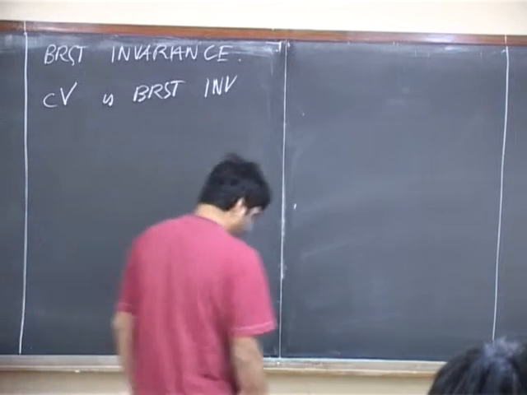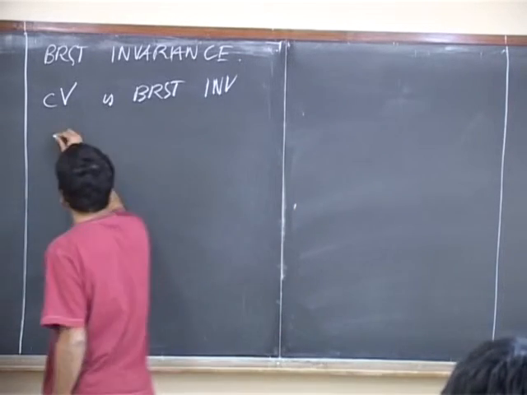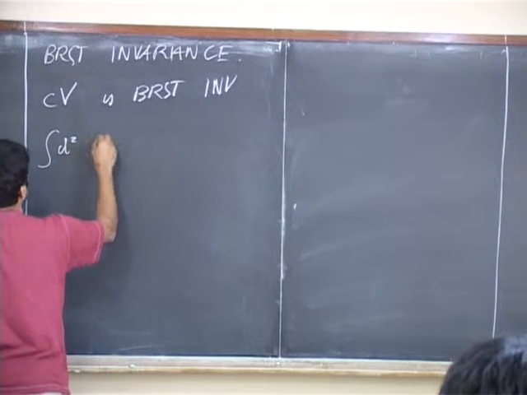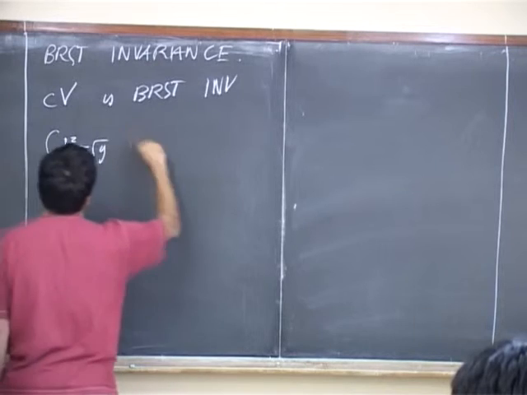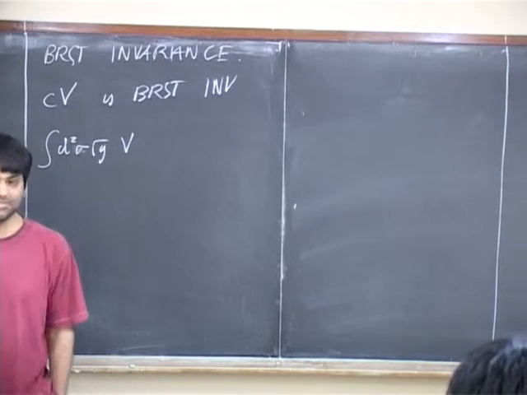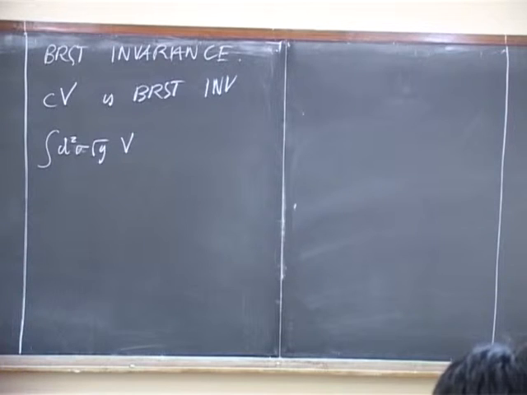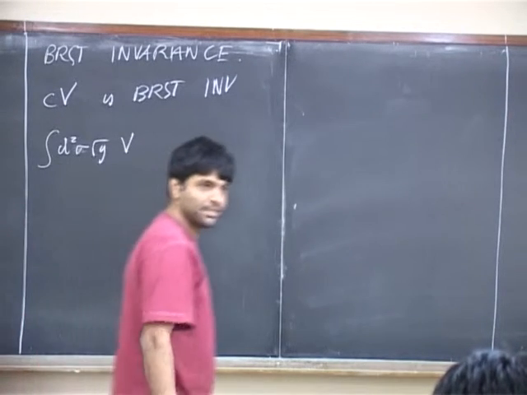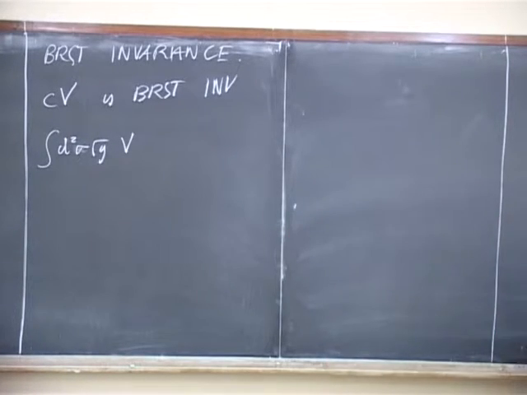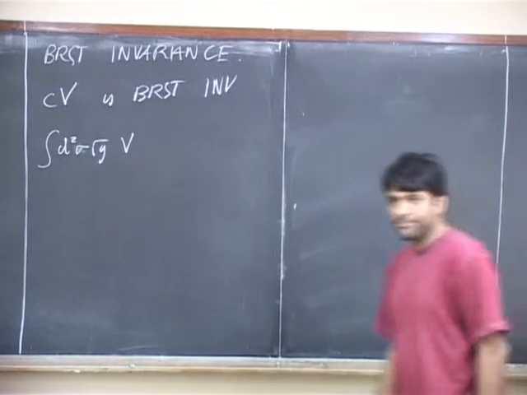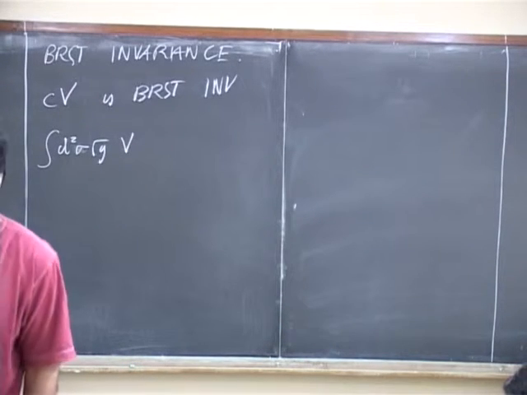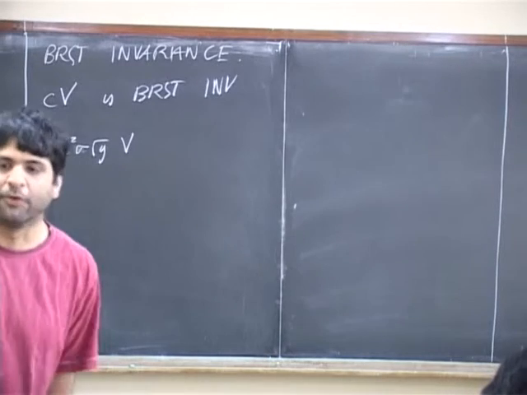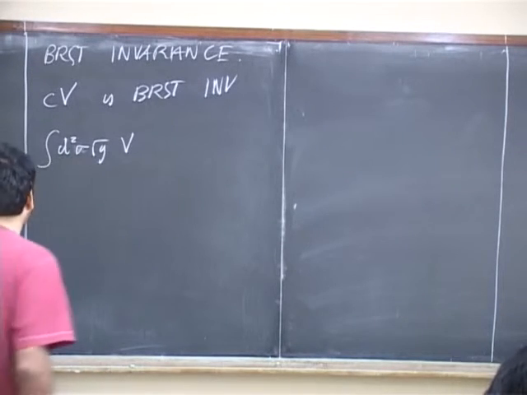However, our insertions also included things like d²σ square root g times V without a factor of C. Now V by itself is not BRST invariant. All we know about it is that it's a 1-1 vertex operator. So the question we're going to ask is what we can say about the BRST transformation properties of this object. There's one more object we have to worry about, but we'll cover that.